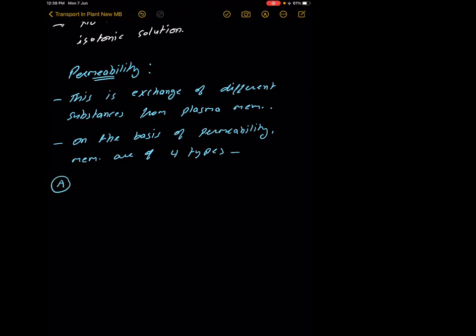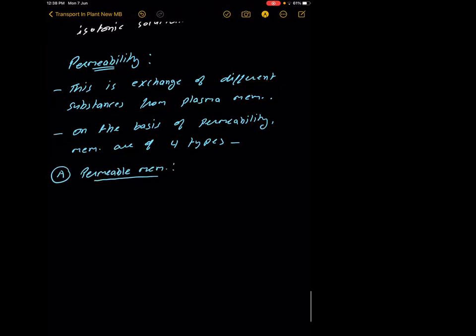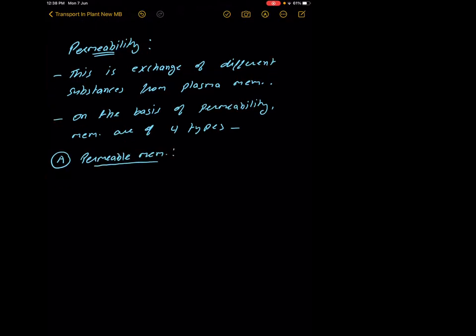Permeable membrane means it allows both solute and solvent through it.